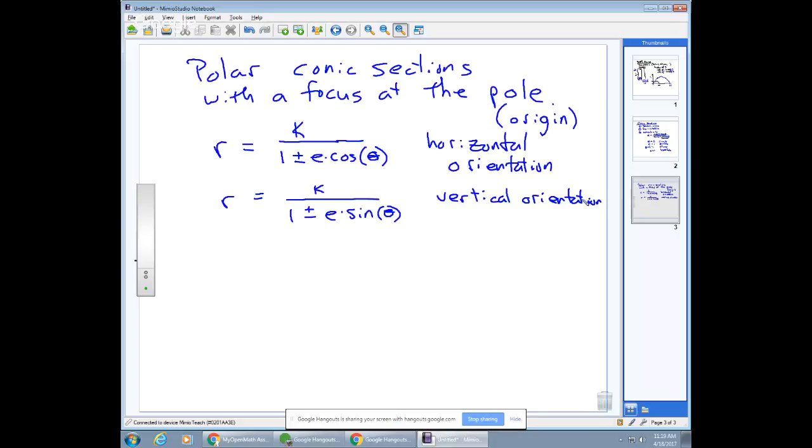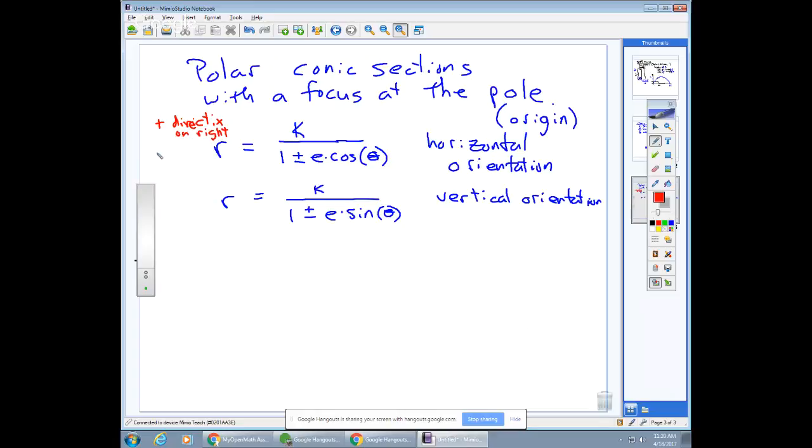Some other tips about these. With the plus on these, the directrix would be on the right.